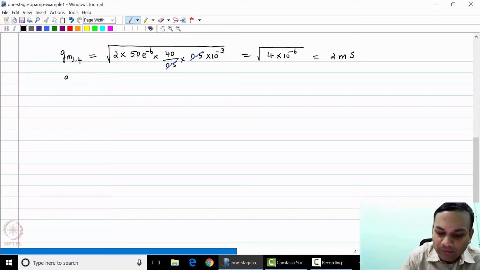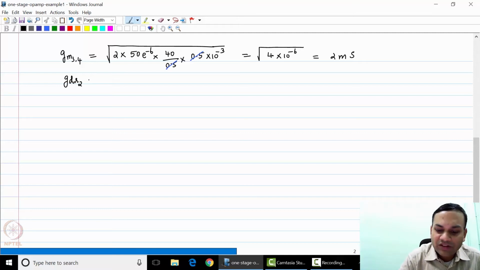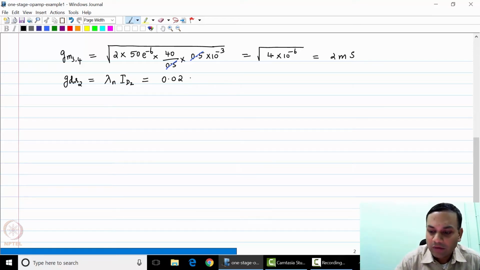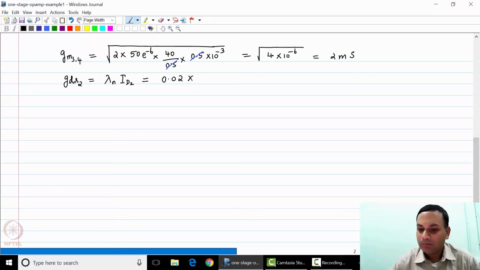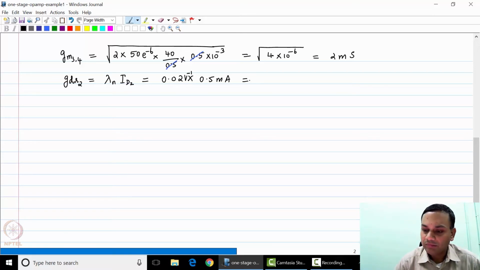Now let us calculate the output conductance of the devices. GDS2 is lambda n ID2. So this is 0.02 into ID2, which is 0.5 milliamperes, and this is 10 microsiemens.